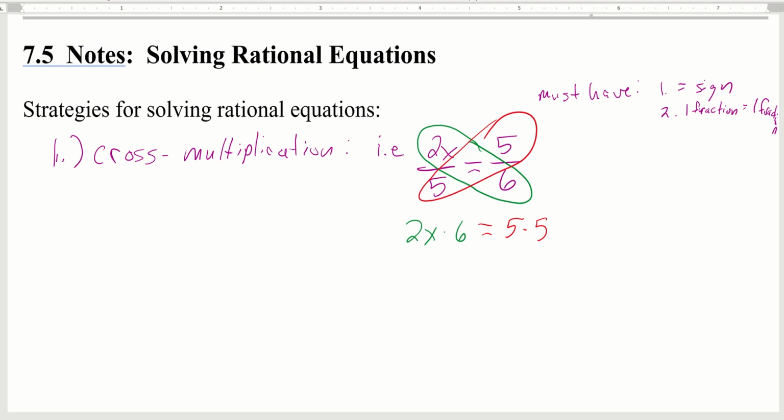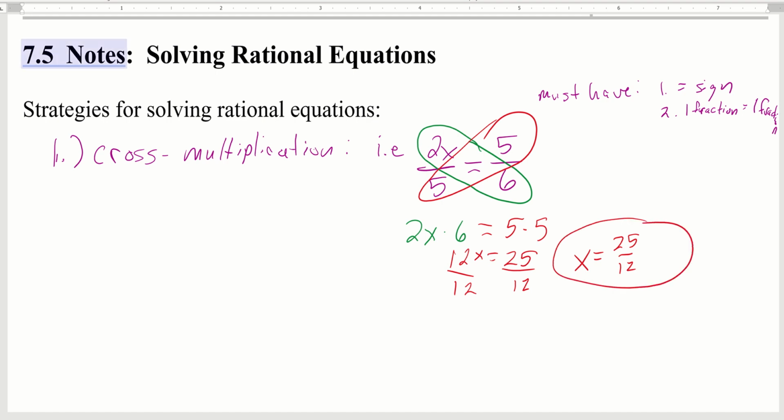Now you multiply it together. This is 25. This side becomes 12x. Divide by 12, and so x is equal to 25 over 12. If you can, reduce it, but in this case, there's nothing that goes into 25 and 12 evenly. So that would be what x would equal.